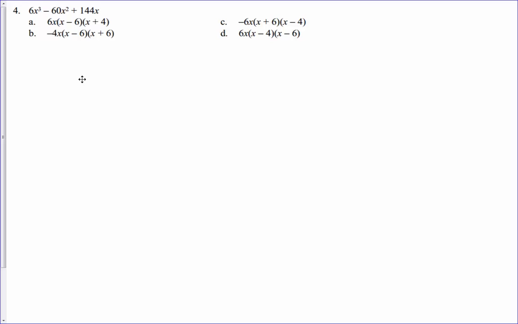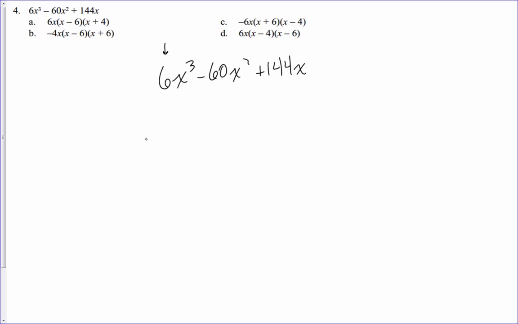Number 4. It says write the polynomial in factored form. So we have 6x cubed minus 60x squared plus 144x. Now, since these numbers are really large and we have a coefficient here, let's try to factor out the largest factor that we can factor out.